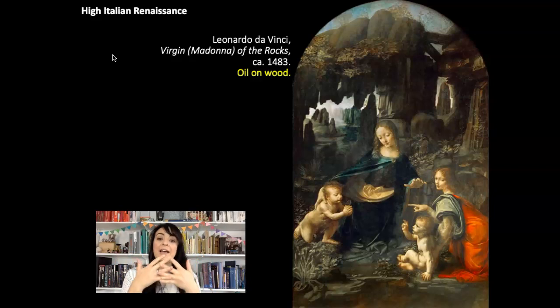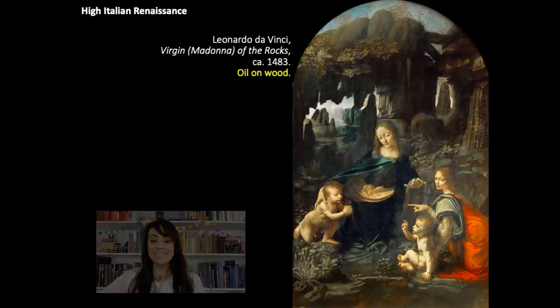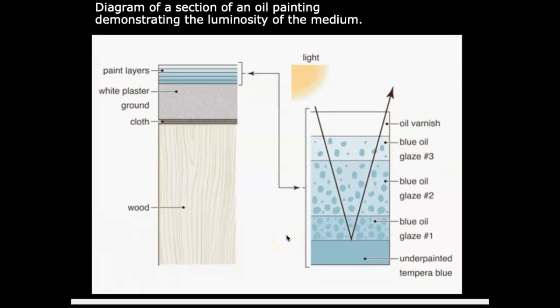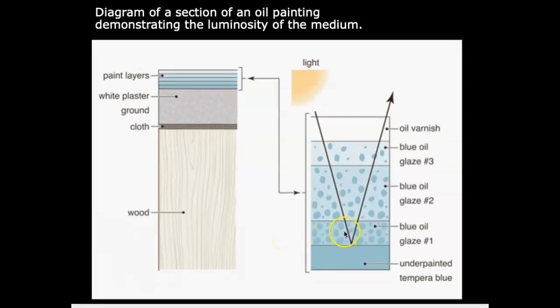Another benefit of oil paint is the fact that oil paint can be applied in these very thin layers or glazes. And each of these layers can be built upon not only to create these modulations of color, but also the light will come in and pass through the transparent oil, which creates a much more luminous or vibrant color.